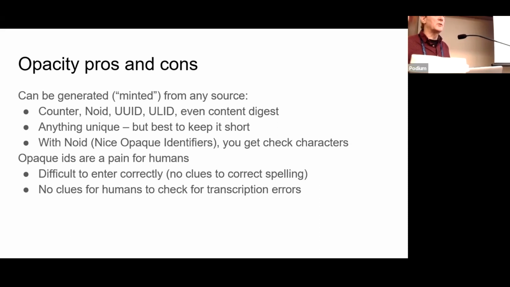There are organizations that have perfectly good identifiers from 25 years ago, and they can be transferred into ARKs. So Noid is nice because it's a nice opaque identifier. You can get a check digit, and it observes some rules about trying to avoid accidental semantics. So opaque identifiers are difficult for human beings, so sometimes you want a more friendly identifier for your backroom processes.